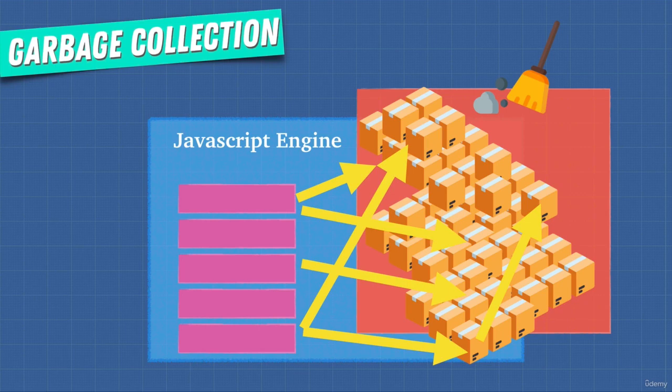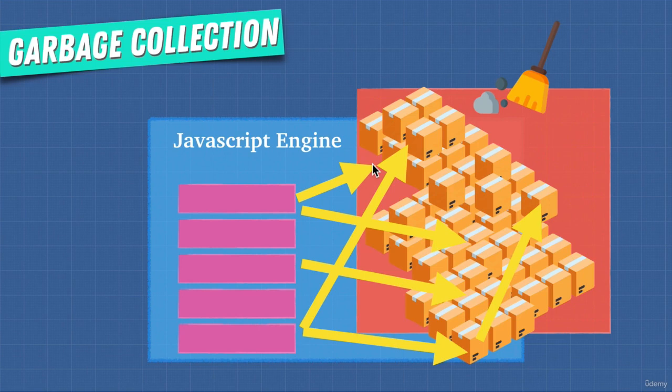Before we can talk about memory leaks, we have to understand this concept of garbage collection. JavaScript is a garbage collected language. That means when JavaScript allocates memory, let's say within a function we create an object and that object gets stored somewhere in our memory heap, automatically with JavaScript, when we finish calling the function and let's say we don't need that object anymore, it's going to clean it up for us.